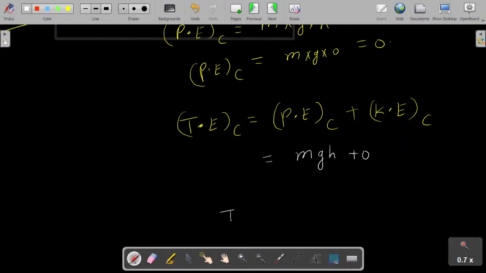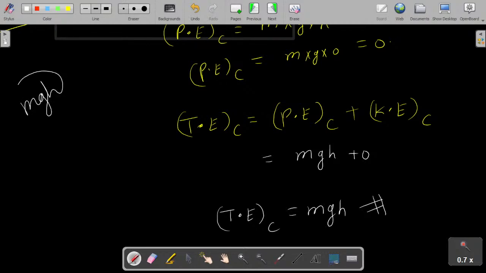So everywhere total energy is the same: at point A it is mgh, at point B it is mgh, and at point C also it is mgh. It is conserved. Only one form of energy converts into another form. Potential energy will convert into kinetic energy, and whatever work we are doing will be converted into energy.